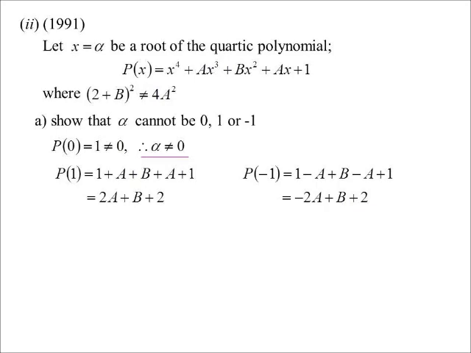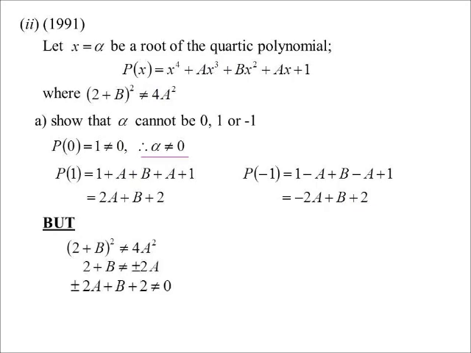But now we come back to this piece of information they told me. Remember, 2 plus b squared cannot equal 4a squared. Well, if that's true, then 2 plus b cannot equal plus or minus 2a. Well, hang on, look at what we got: 2a plus b plus 2, minus 2a plus b plus 2.